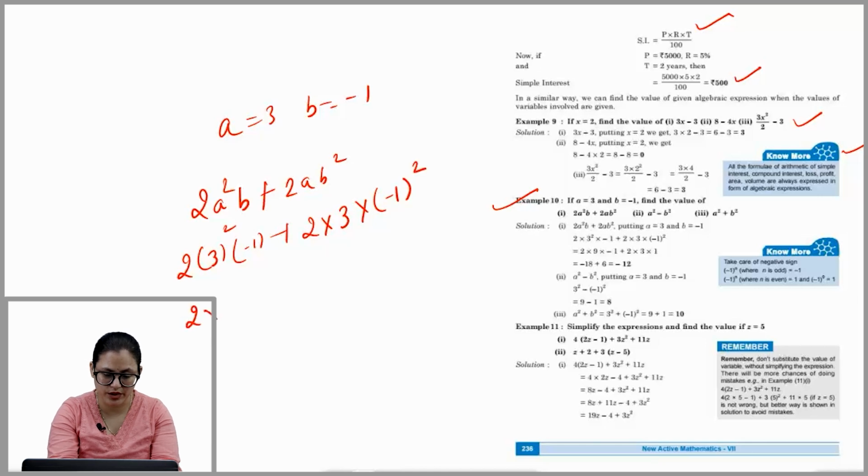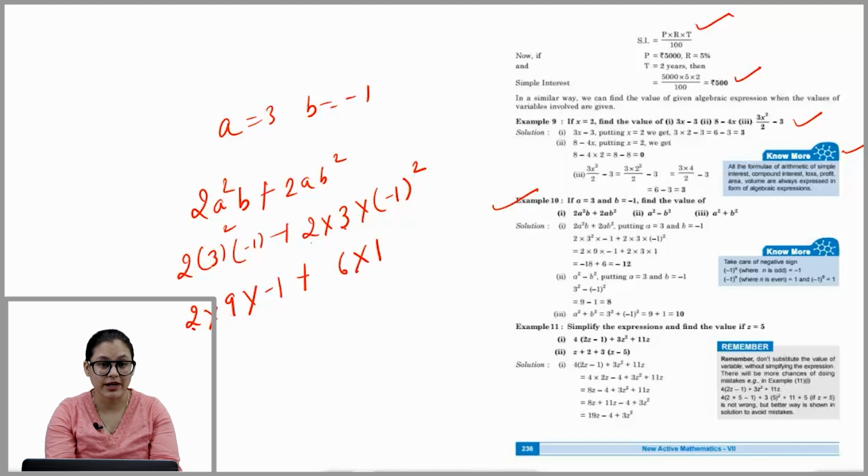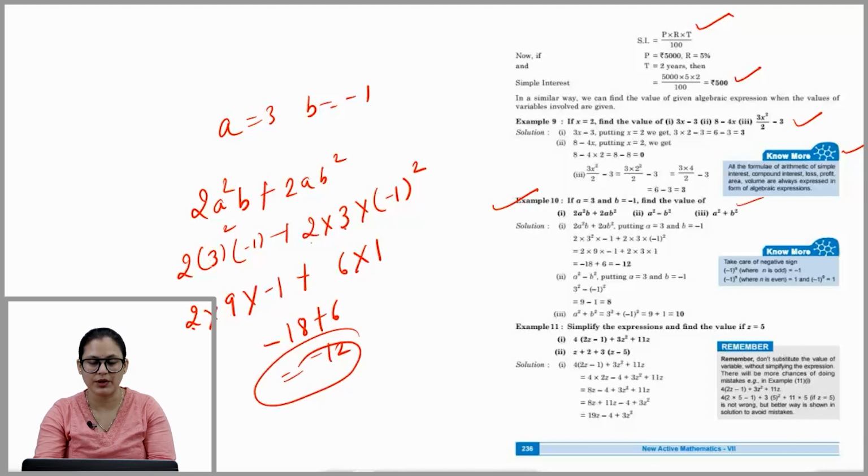Okay, so 2 into 3 square is 9 into minus 1, plus 2 into 3 is 6 and square of minus 1 is 1. 2 9s are 18 minus 1, minus 18 plus 6. Now minus 18 plus 6 is what? Minus 12. Okay, similarly you will do other parts also.